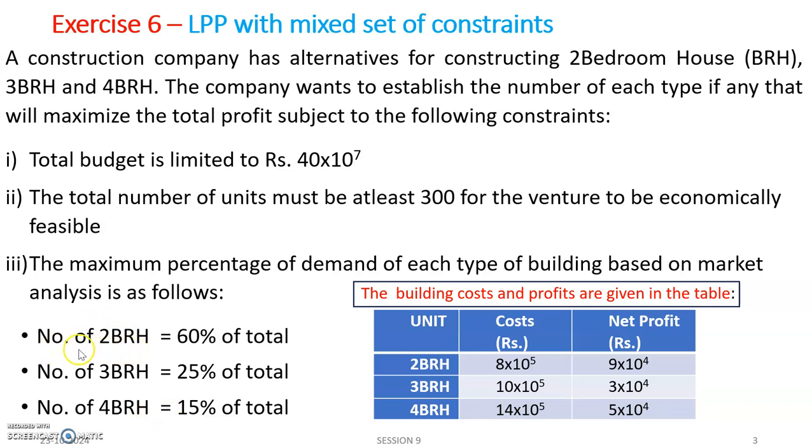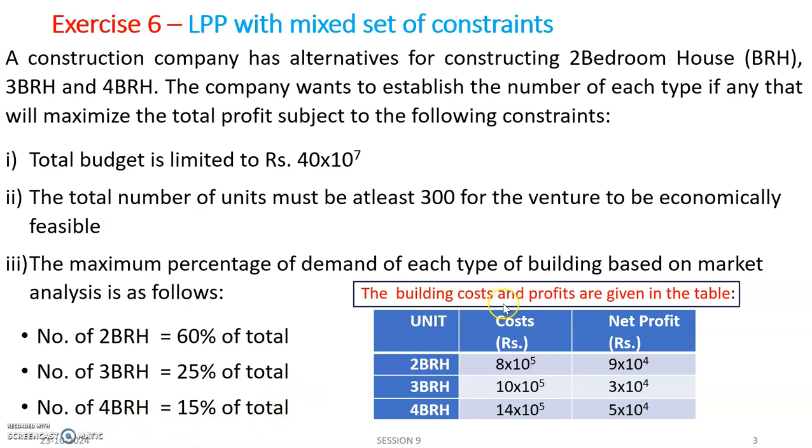So here he says the number of 2-bedroom houses should be 60% of total. The total is the total number of 2-bedroom plus 3-bedroom plus 4-bedroom. Of that total, 2-bedroom houses will form 60%, 3-bedroom will form 25% and 4-bedroom houses will form 15% of total.